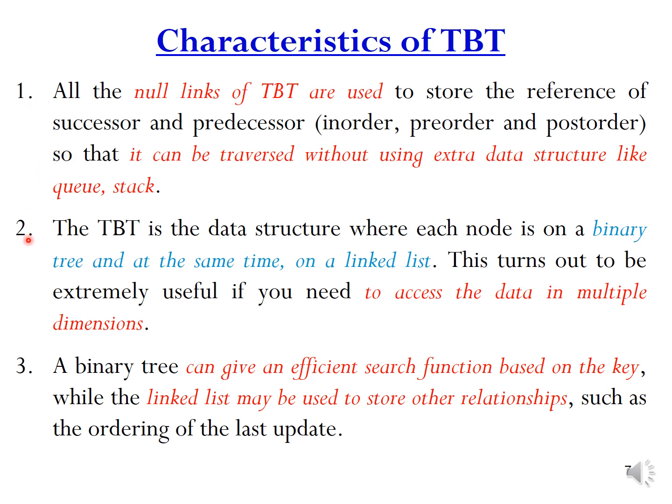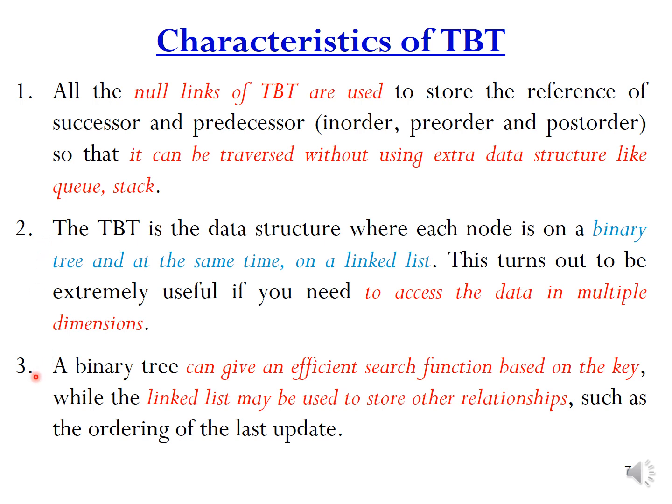The second benefit is that the threaded binary tree is a data structure where each node is on a binary tree and at the same time on a linked list. So each node is on a binary tree as well as on a linked list. This turns out to be extremely useful if you need to access the data in multiple dimensions.